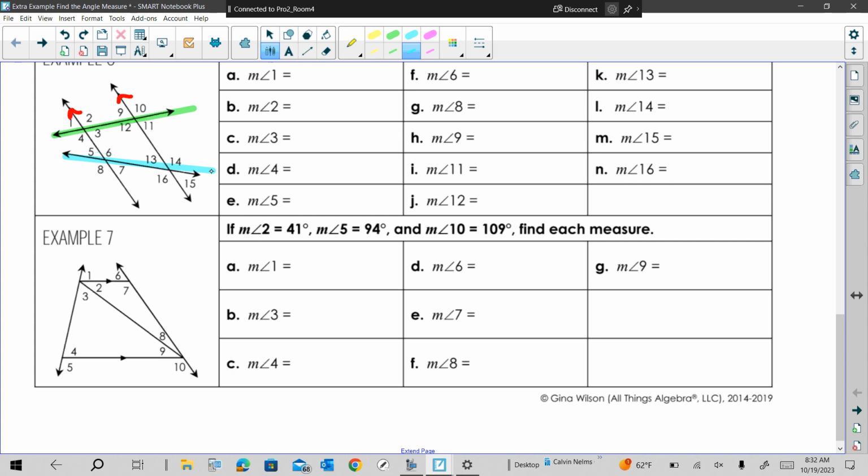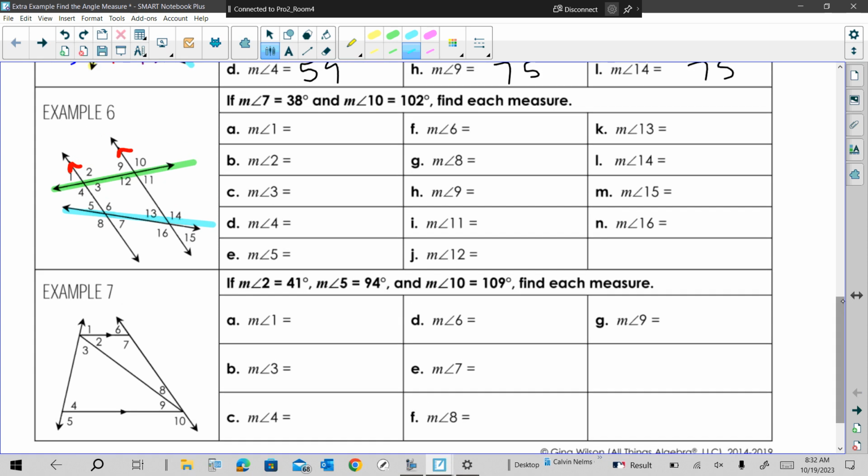I think you need to physically do this, like the same thing I'm doing, to stay alert. All right, so get 2 different color highlighters if you need, so you can see the 2 different relationships, okay, because we can't jump transversals.